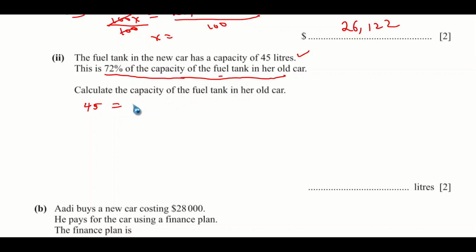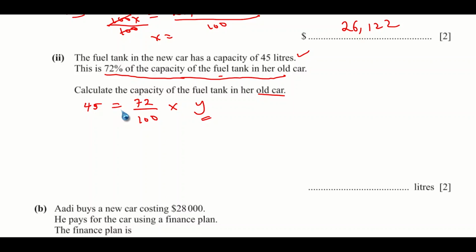So this 45 will be equal to 72 out of 100 of, where of means multiplication, our old car. Let's say our old car is Y. Calculate the capacity of the fuel tank in her old car. This is what we want to get, the value of Y.